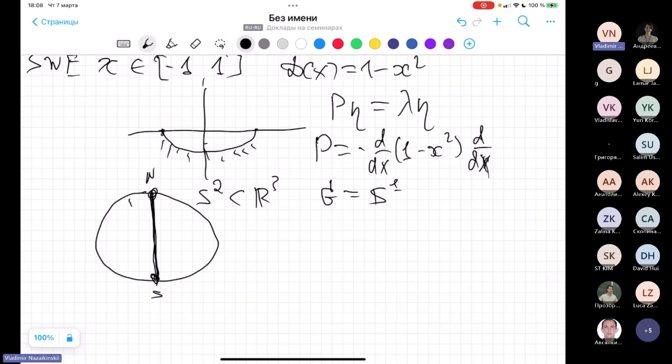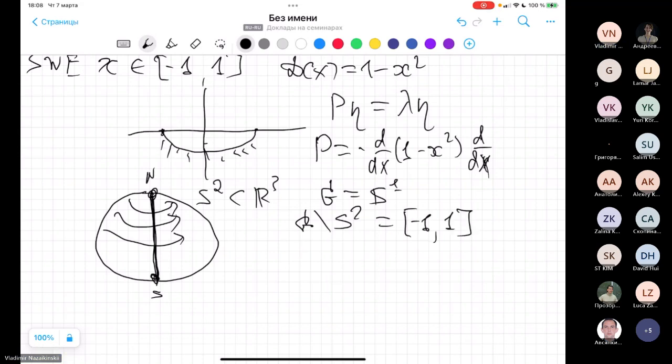This action is by rotations about the polar axis. Then the quotient space, this orbit space, is just the interval (-1, 1). This can readily be seen. So this interval is identified with the segment of the polar axis.